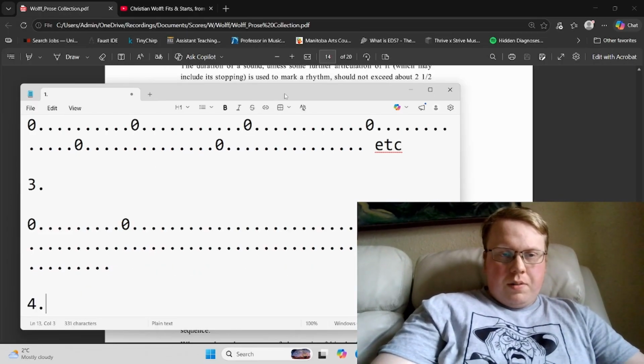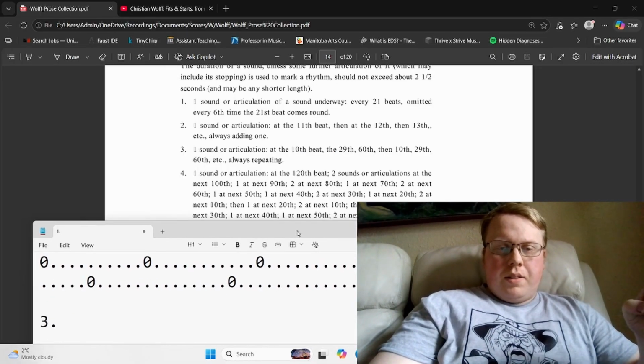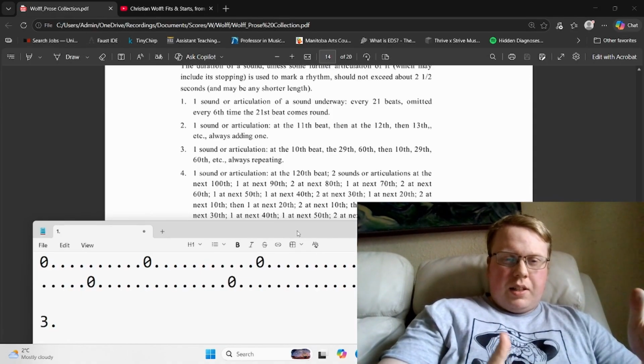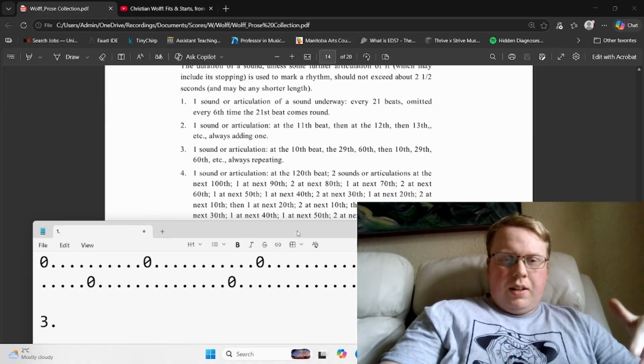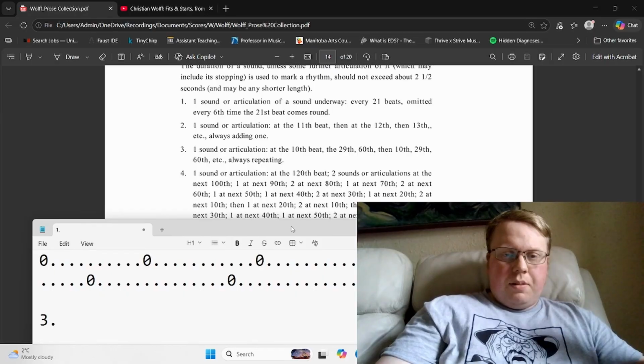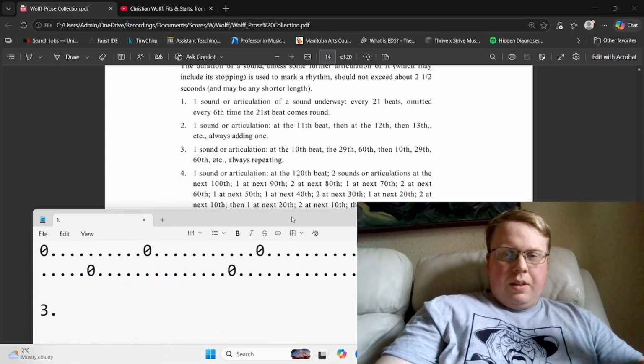Sequence four, one articulation at the 120th beat, then two at the 100th. I think he means 110, because afterwards it continues to go down by 10. But anyways, we'll say 120th, then 100th, then 90th, then 80th, then 70th.